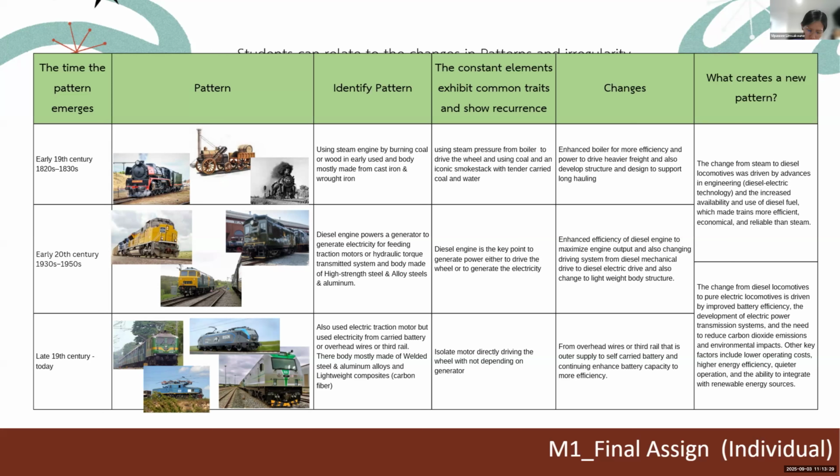But for the third pattern, it only uses the stored electricity, stored power in the battery or from the overhead line. So the actuator that it has is only the motor.